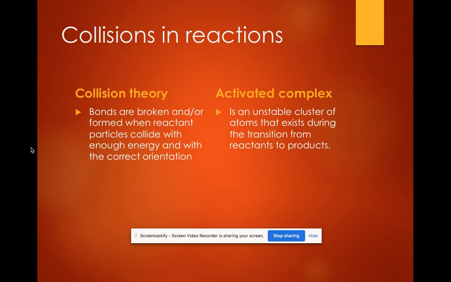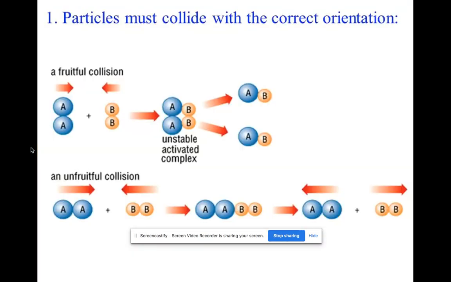So things have to collide for a reaction to take place. If the molecules or the atoms aren't next to each other, a reaction will not take place. So let's look at a reaction. Particles must collide and they must have the correct orientation. In the first example, we have a fruitful collision, which means it's going to work.